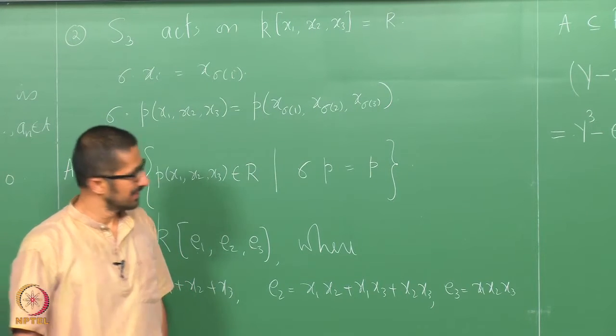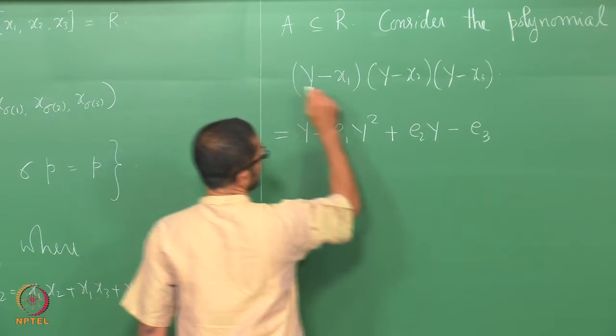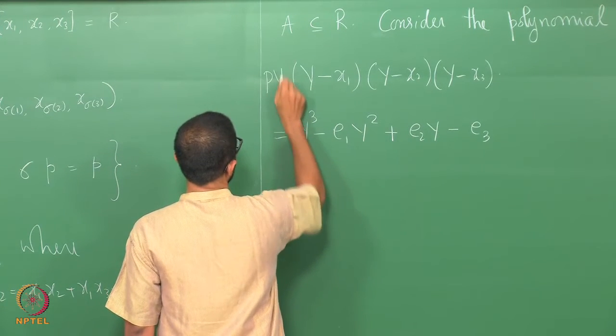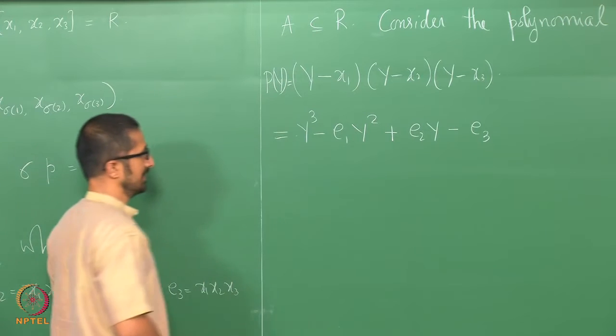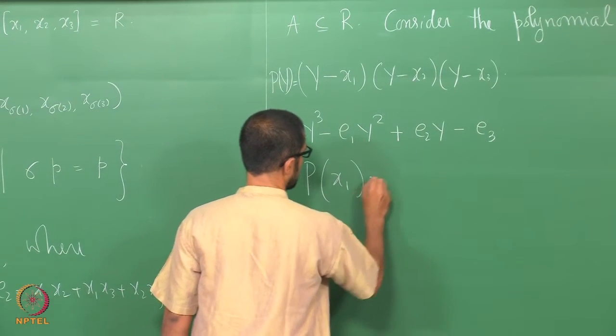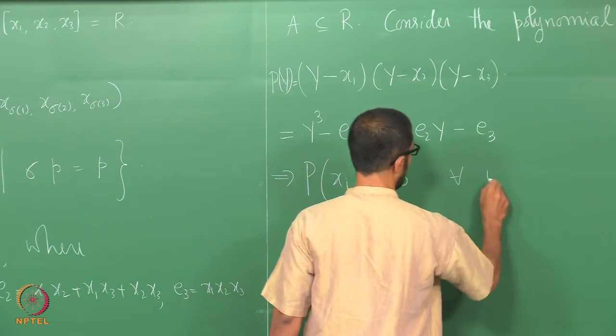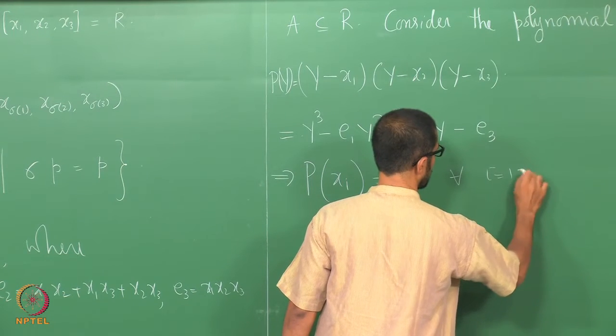Right. So therefore, I take p(y) to be this, then p of x1 is 0. In fact, p of xi is 0 for all i equal to 1, 2, 3.